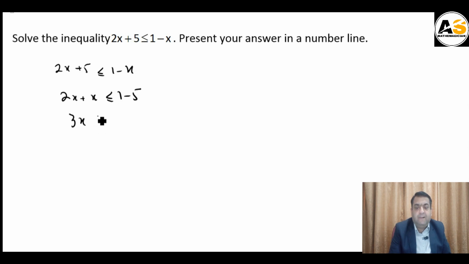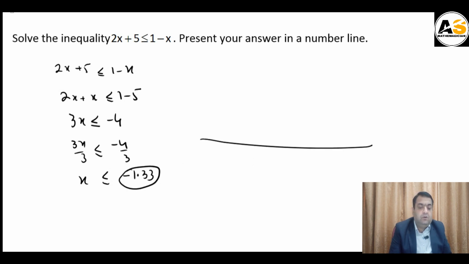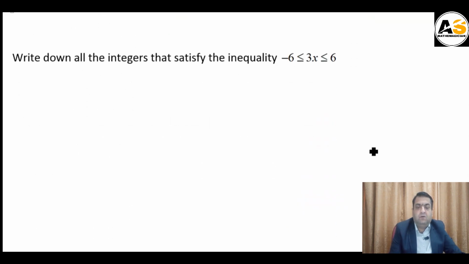Is that clear? 3x is less than or equal to minus 4. 3x over 3 is less than or equal to minus 4 over 3. x is less than or equal to minus 1.33. So please do it by yourself. You can plot it on the number line.